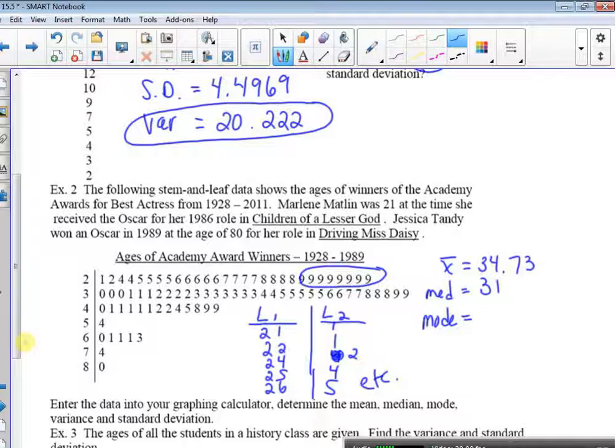The mode, I think that one occurs most often: 1, 2, 3, 4, 5, 6, 7, 8 times. Are there any others that occur more than that? I don't think so. So the mode would be 29. And for the standard deviation, this would be a population, I would believe, so about 11.8177, and the variance would be that squared, which is about 139.658.